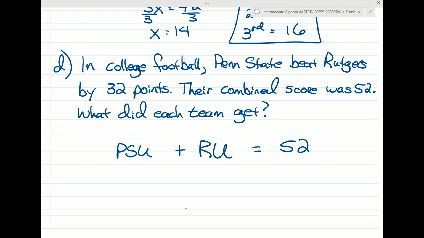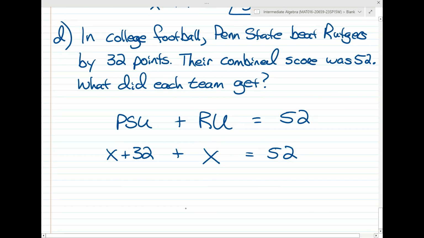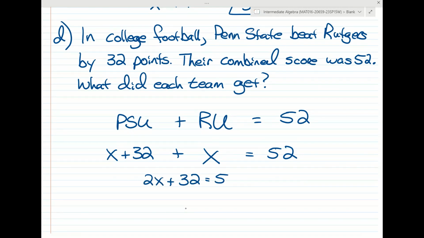So if Penn State is 32 more than Rutgers, I have no idea what Rutgers scored, so we'll just call it X. And we know that Penn State was 32 more than that. Does that make sense? Right. So now that we set it up, X plus X is 2X plus 32, and we could just solve it.